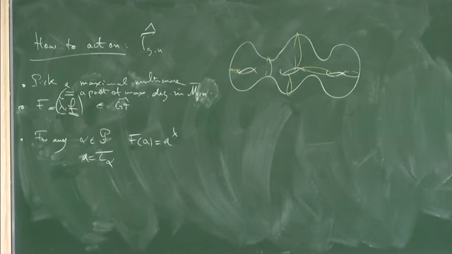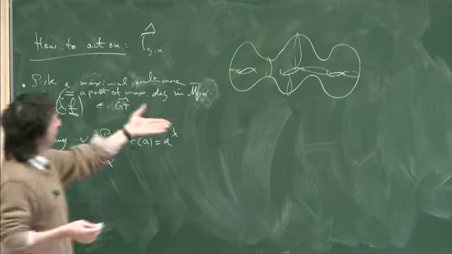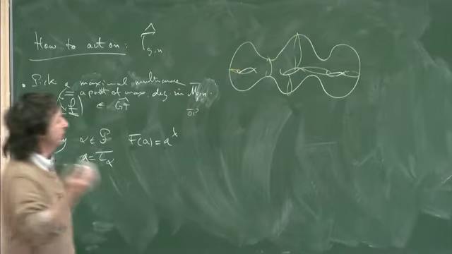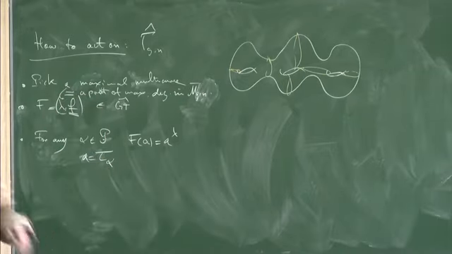And you pick one of them. Like, for instance, when we did it with P1 minus 3 points, I picked 0, 1. But you can pick another one, it makes no difference. It's just an inner automorphism.